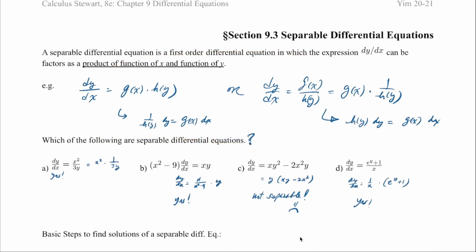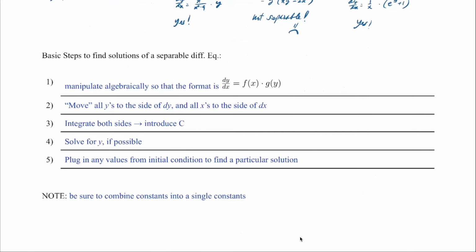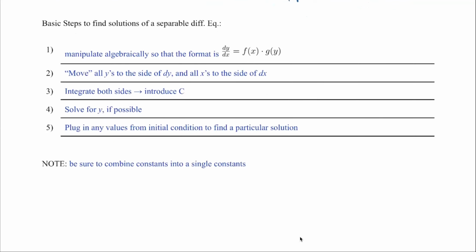All right. So let's reiterate what I essentially said earlier here. I went kind of fast, so here is a step-by-step. The basic steps to find the solution of a separable differential equation: we need to manipulate algebraically so that the format is dy/dx is f of x times g of y, I'm sorry. I apologize for just going back and forth with different notations.